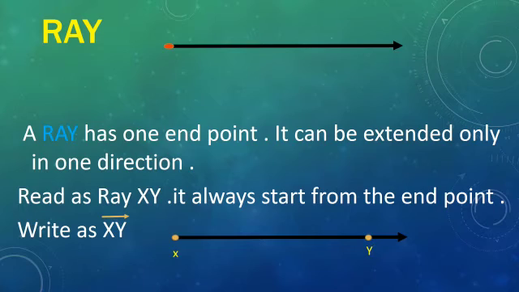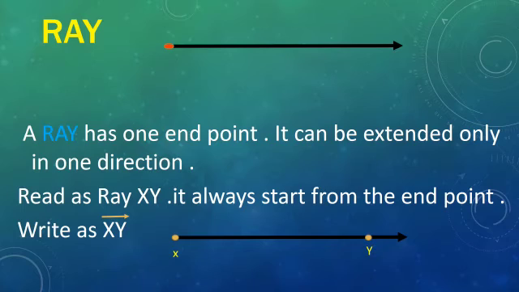Read as XY. It always starts from the endpoint. Write as ray XY. See here, a ray has one endpoint, which you can see in the picture.